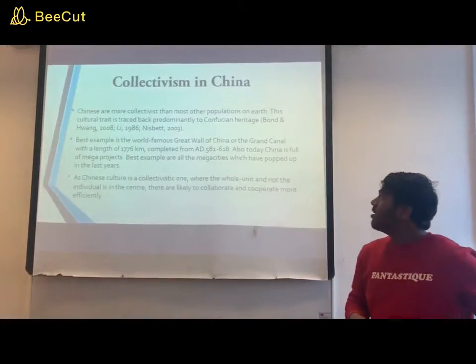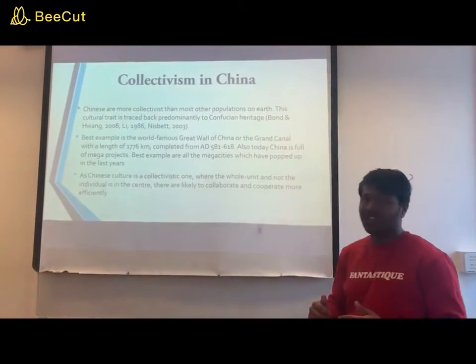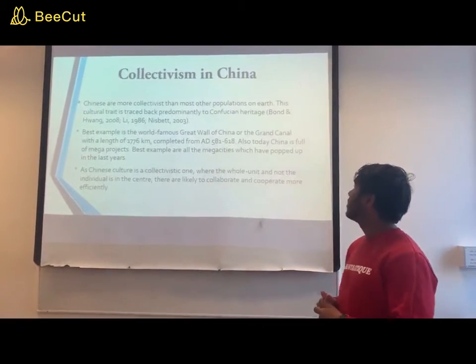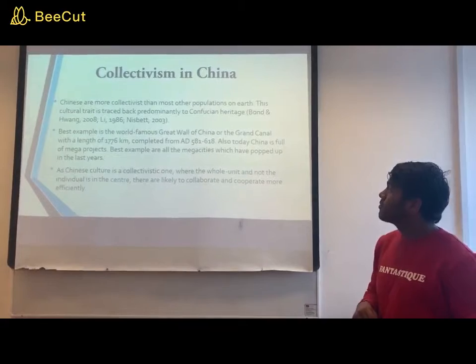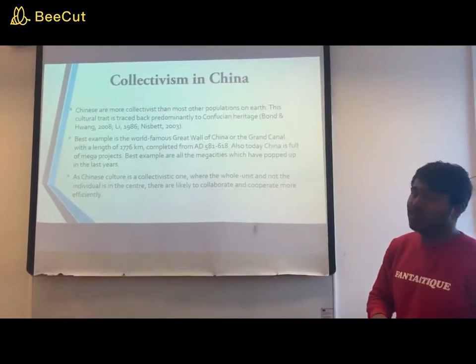And collectivism in China, as we all know, Chinese are more collectivist than most of the other populations on earth. This is the culture which stays predominantly tied to Confucian theory.